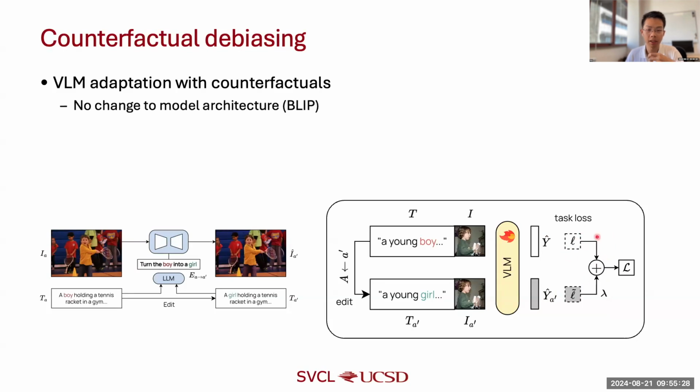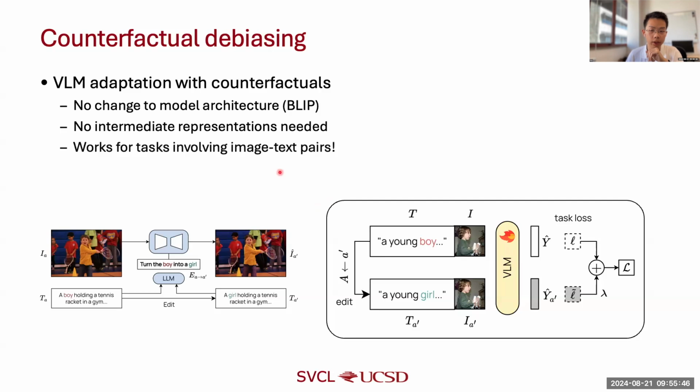So there are many benefits to this method. First, it requires no change to the model architecture, which we used BLIP in this work, by the way. And it does not need intermediate representations within the VLM as many other methods required.